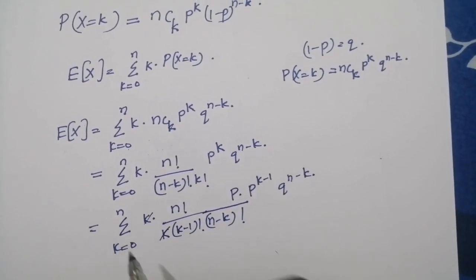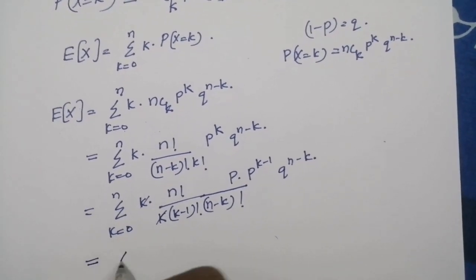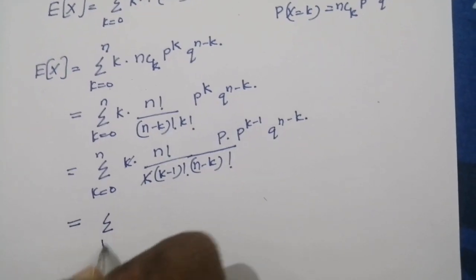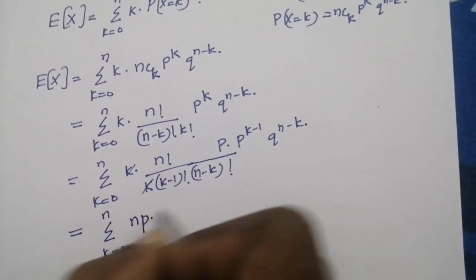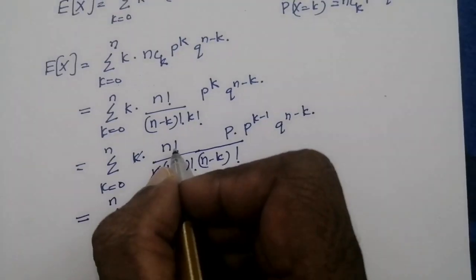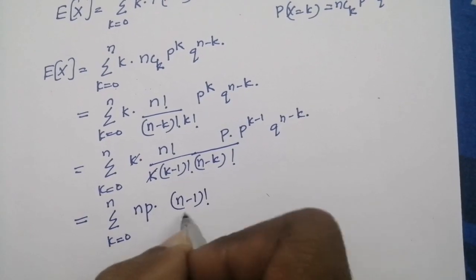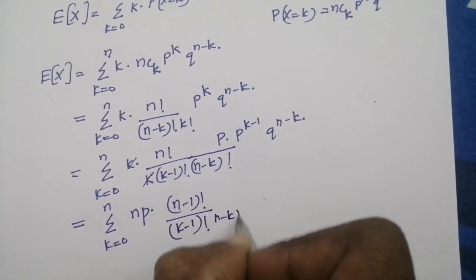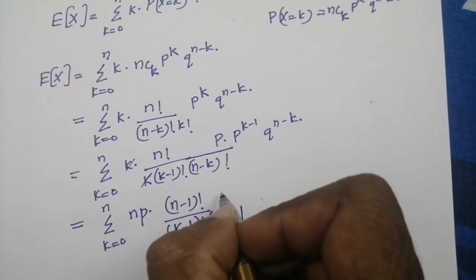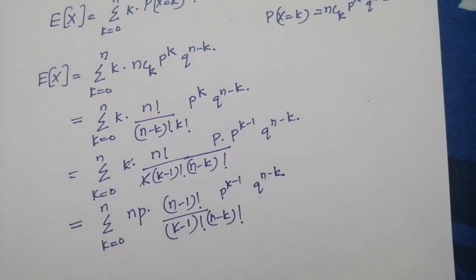So this k cancels, and this can be written as the sum of np times, with n factorial written as n times (n minus 1) factorial, (n minus 1) factorial divided by (k minus 1) factorial times (n minus k) factorial, times p raised to k minus 1 times q raised to n minus k.